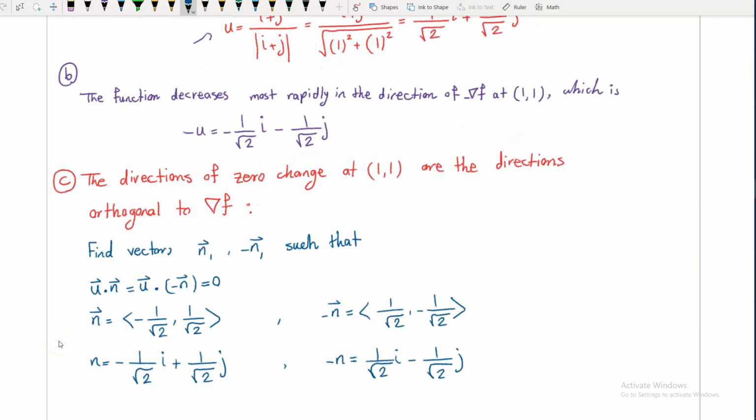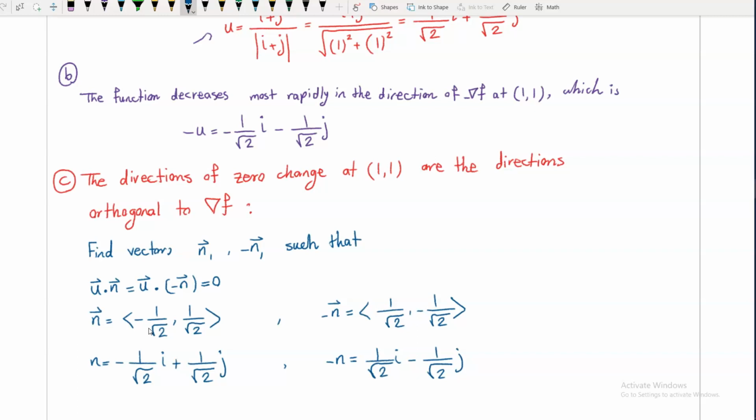So find vectors n and negative n such that u dot n is equal to u dot negative n is equal to 0. These vectors n and minus n are directions of zero change. So based on this, n will have components negative 1 over square root of 2 and 1 over square root of 2, and negative n has components 1 over square root of 2 and negative 1 over square root of 2.